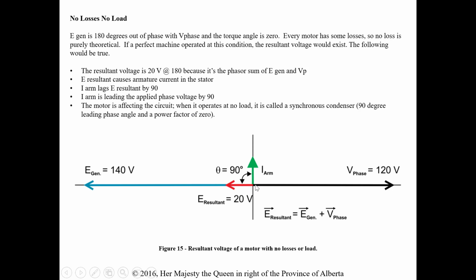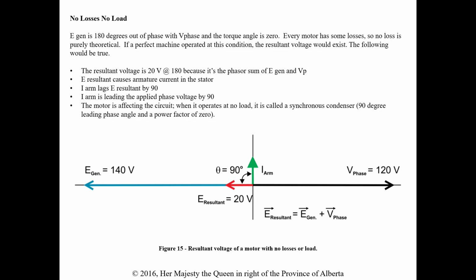So here's my E resultant and show it lagging current by 90, which then makes the I-arm lead the phase voltage here by 90 degrees. So now we have current in a 90 degree lead. So basically we have a leading power factor or a power factor of 0 because it's right at 90 degrees. Okay, so this is a pure 90 degree lead. Again, theoretically at no losses and no load.